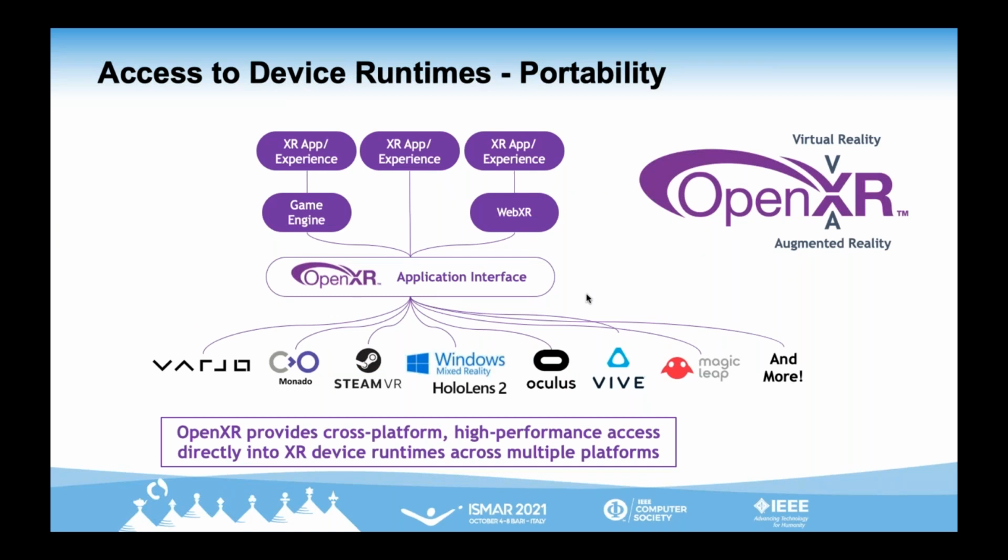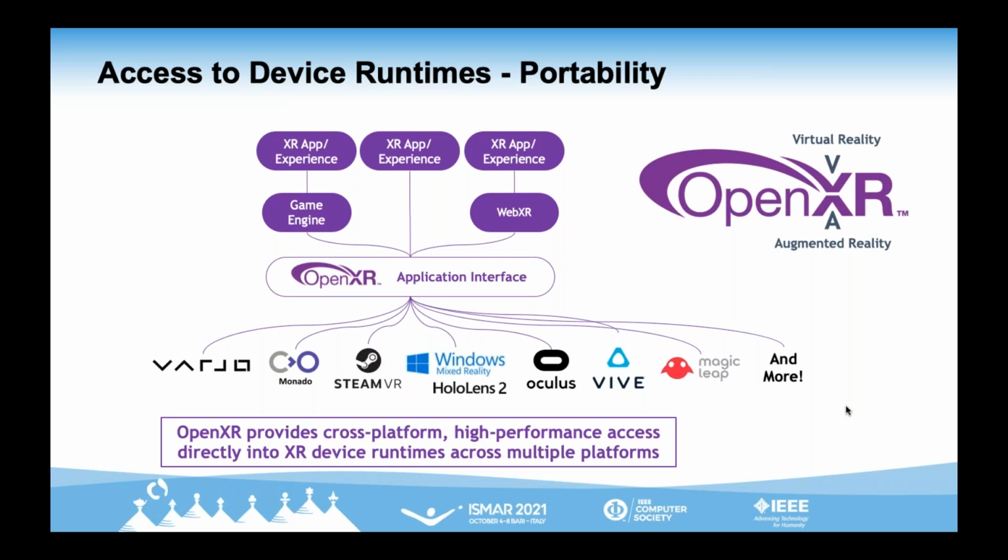OpenXR is the most specific specification within the Khronos Group. It gives access to device runtime hardware, and this allows content portability across a wide range of devices, as you see in the middle here. So it creates an abstraction layer and an API so that those XR experiences, and the people coding and developing content and the application layers, don't need to know the details of the hardware.